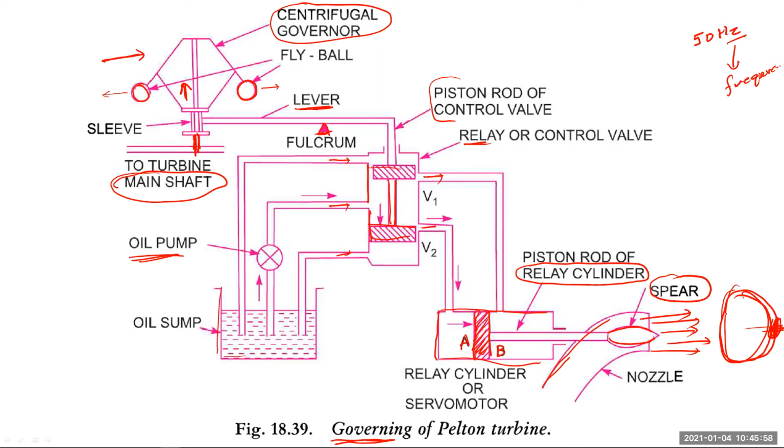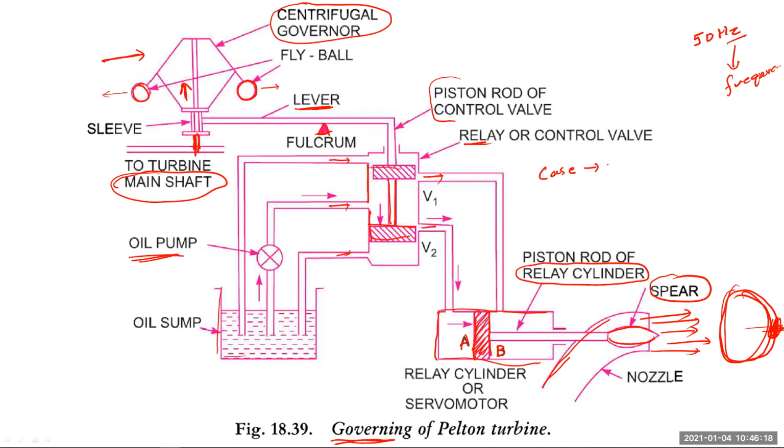So how to maintain this speed? Let's see. When the load on the generator decreases, the speed of the generator will increase. So I will write here two cases.